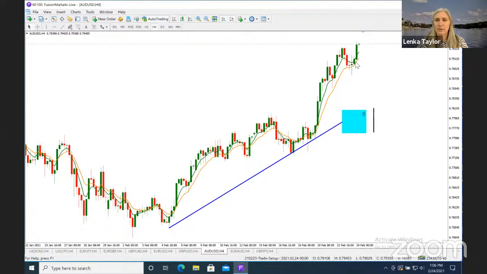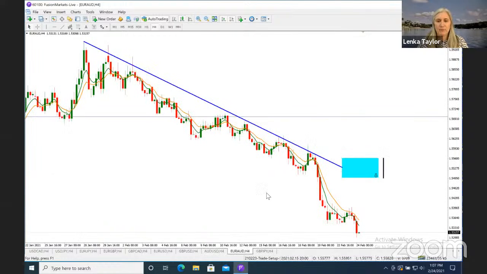Again, same. It's already going up. So I will wait for the pullback closer to the line there. And we just manage that entry area as the price progresses. But still looking for a long on that one if it retraces back.